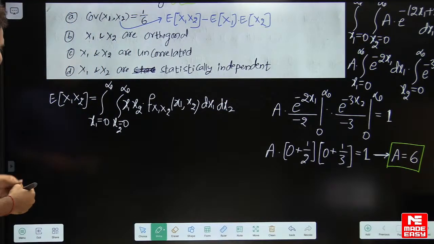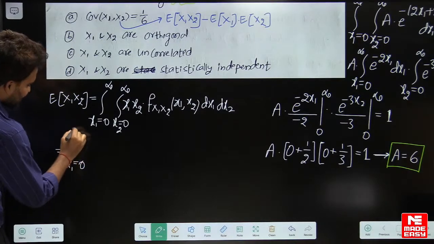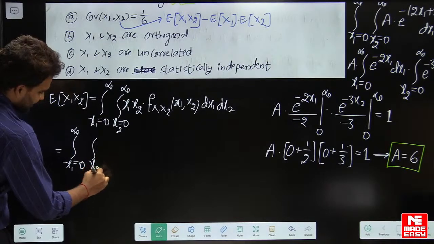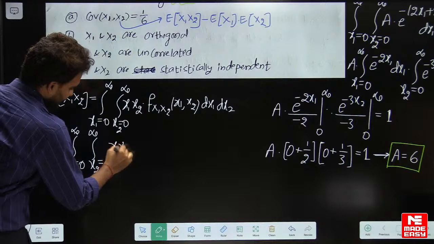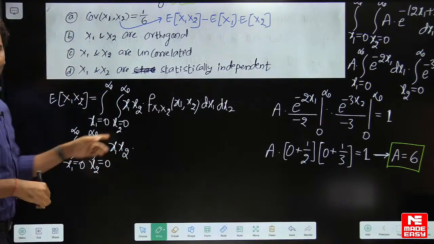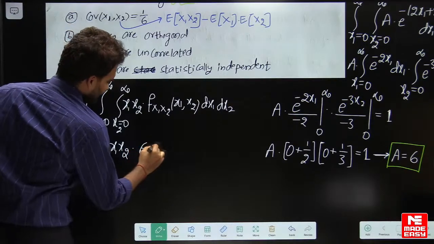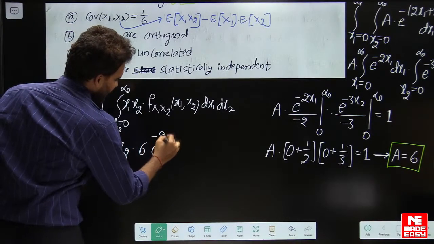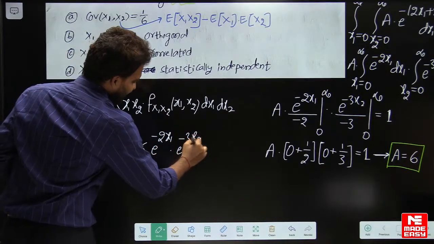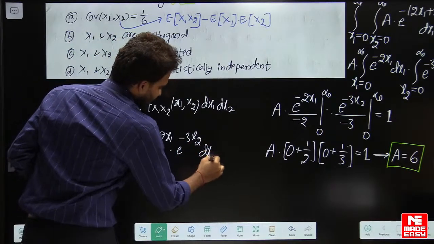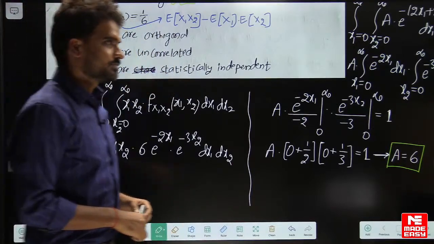Now if you substitute the respective values, x1 from 0 to infinity, x2 from 0 to infinity, x1 x2 times the given density function. We got the a value 6, so I'm writing 6 into e power minus 2 x1, e power minus 3 x2, separating the x1 and x2 terms, dx1 dx2.